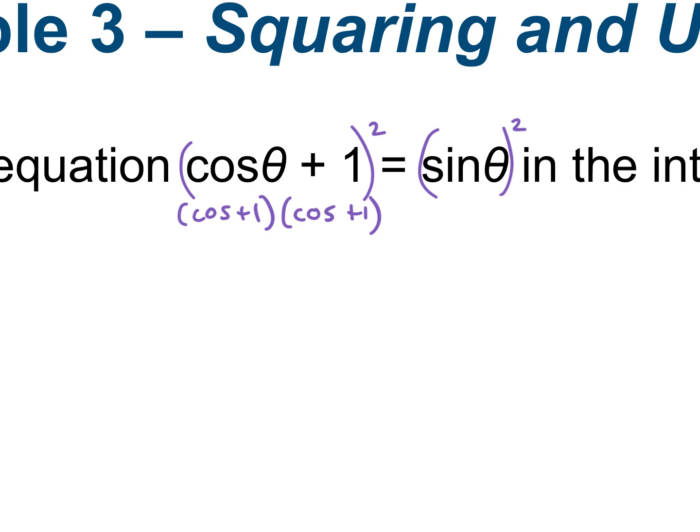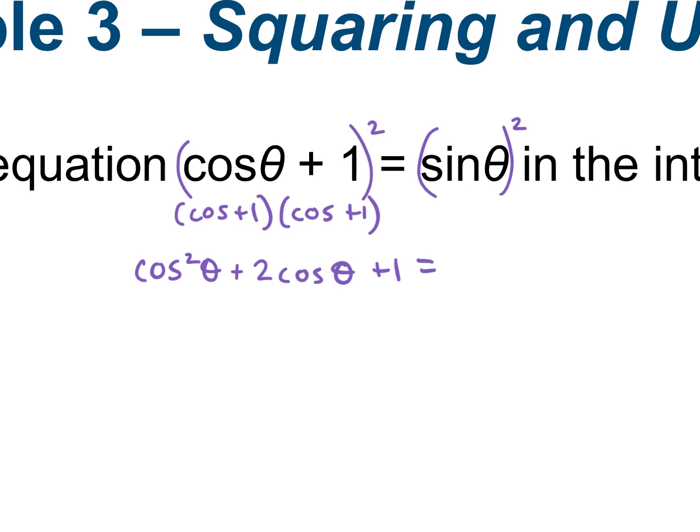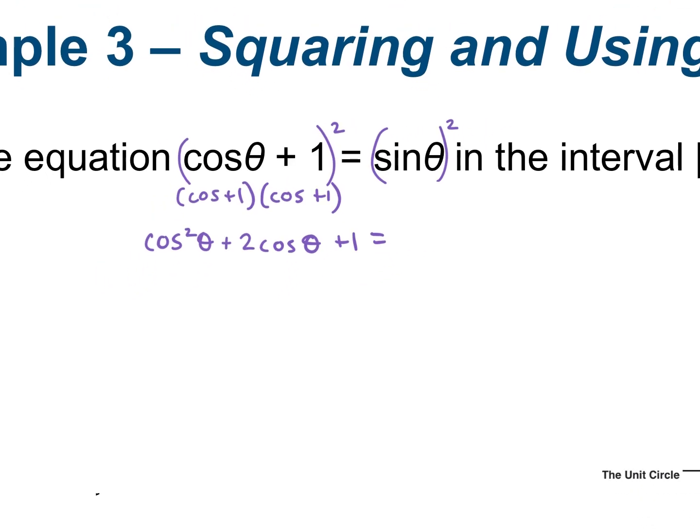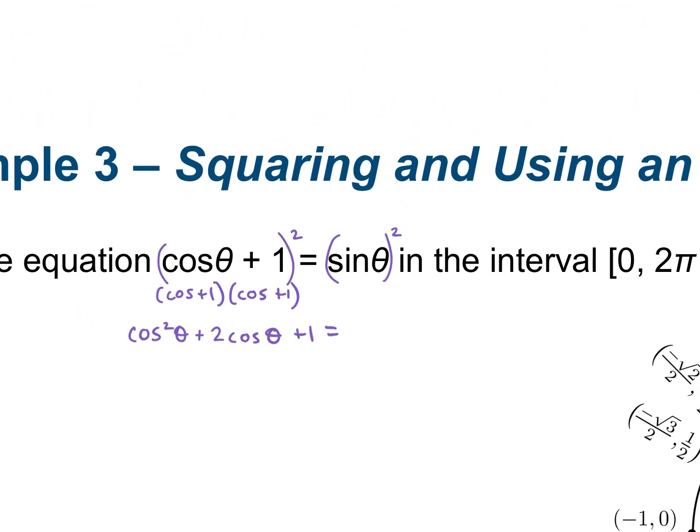So when we FOIL it out, we get cosine squared plus 2 cosine plus 1 equals sine squared. Now we want to change sine squared out with something. So let's look at our trig identities. So one of them is sine squared plus cosine squared is equal to 1.